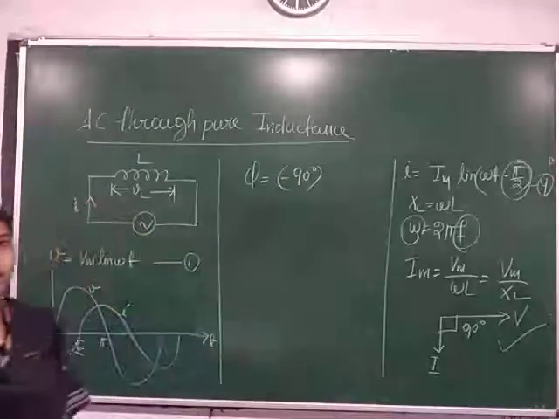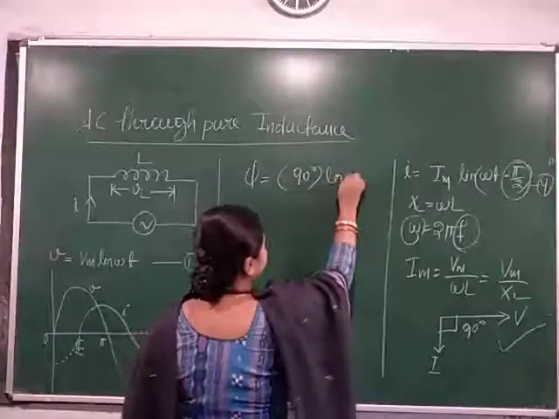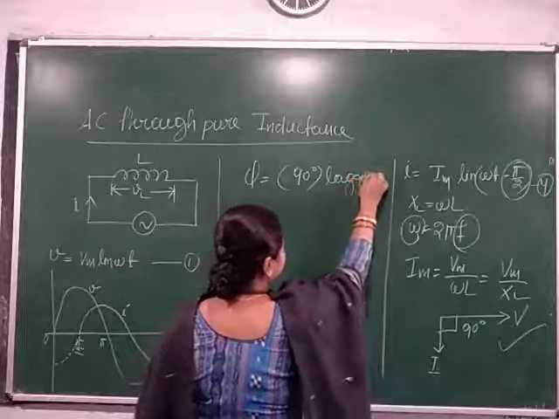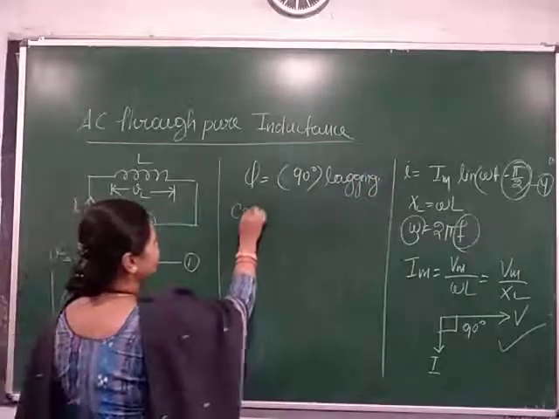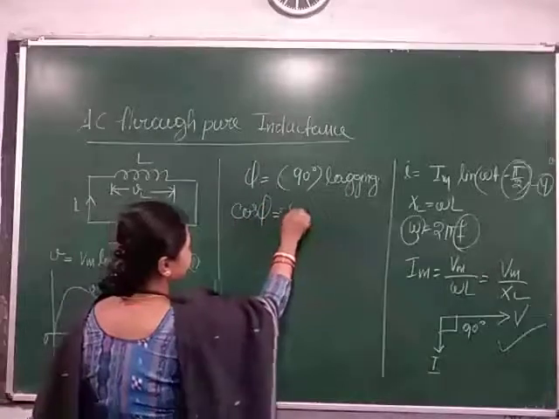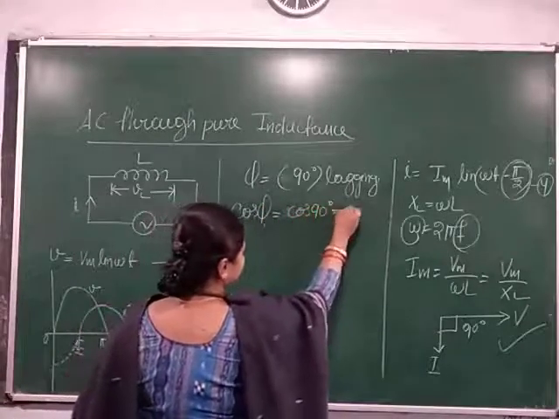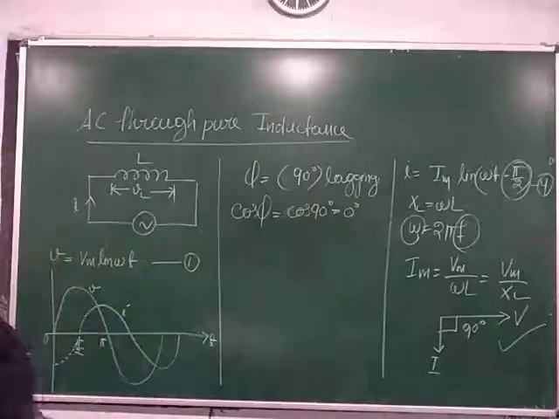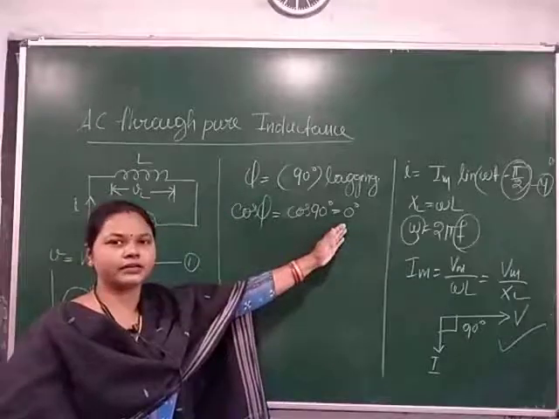Okay, 90 degree lagging, or simply write 90 degree lagging. And what is the power factor? Power factor is cos 90 degree, that is 0. It means for a purely inductive case, power factor is 0.